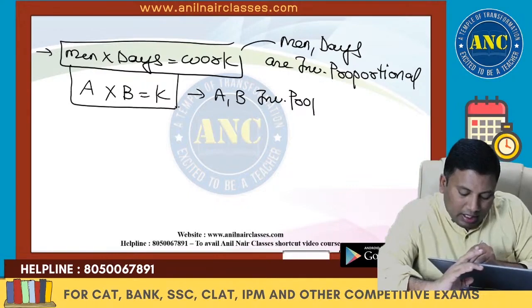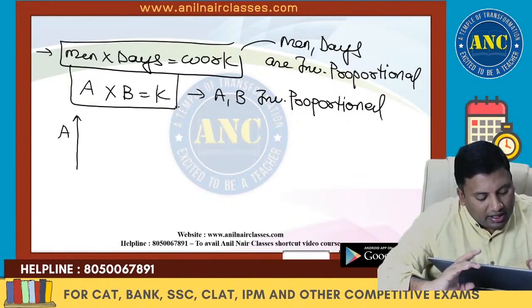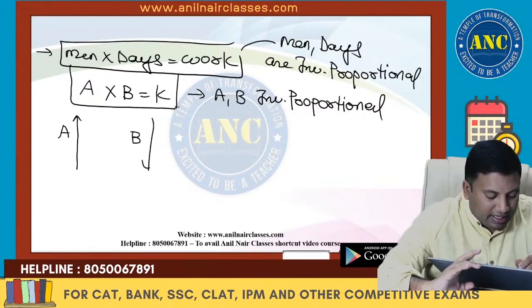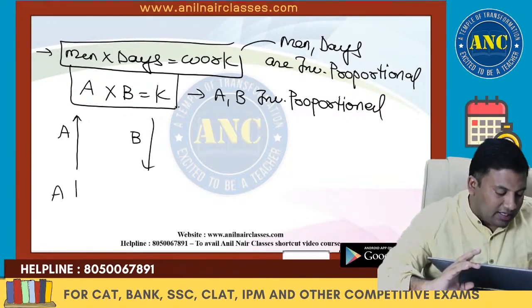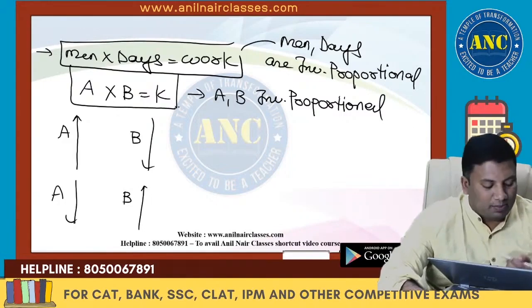A and B are inversely proportional to each other. What do you mean by inverse proportion? A increases, B will decrease. A decreases, B will increase.